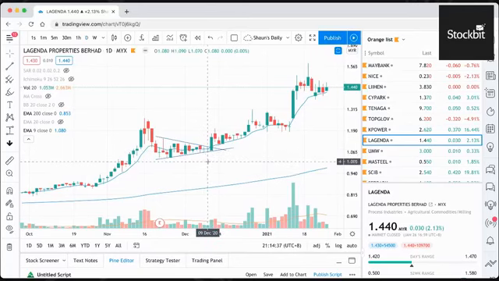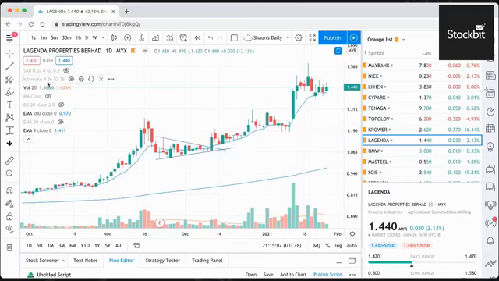Another tip is that the volume down here is fairly low, which is normally a sign that a breakout is going to occur. You have declining volume, and just before the breakout, the volume is quite low. And then on December 10th, you have a very large breakout.